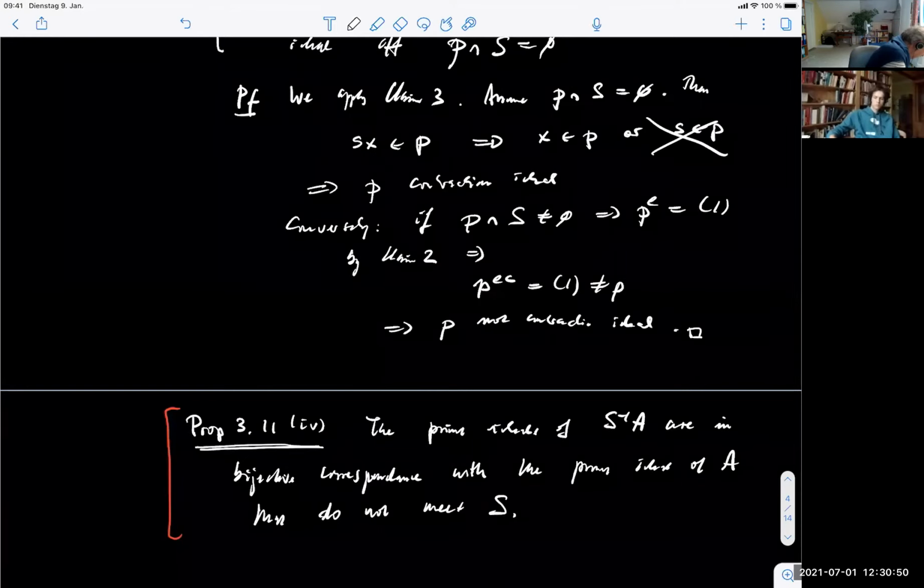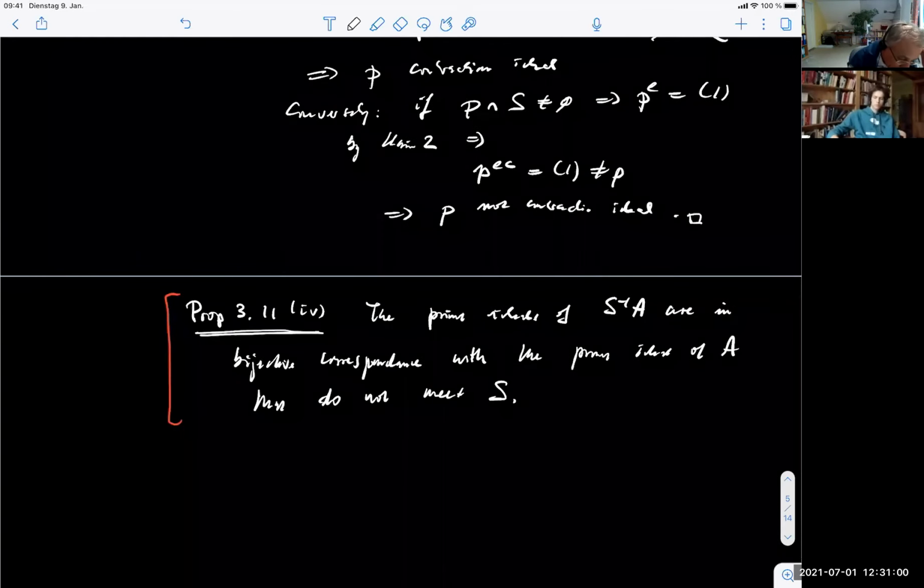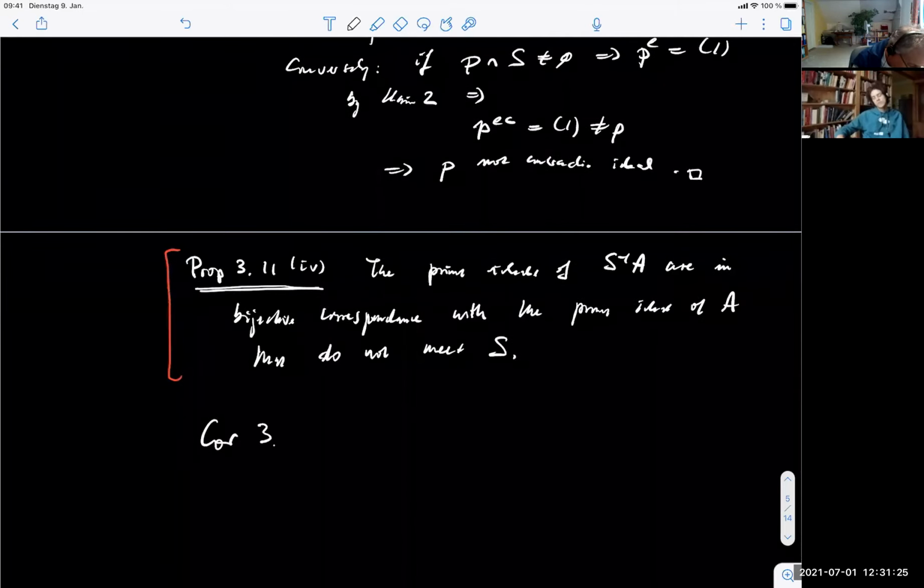Let's illustrate this a little bit. There is one special case of localization that occurs very often. This is localization with respect to a prime ideal. So you have a prime ideal, and the set S is then the complement of the prime ideal. The localization that you get in that situation is a local ring. So let's phrase this as Corollary 3.13.